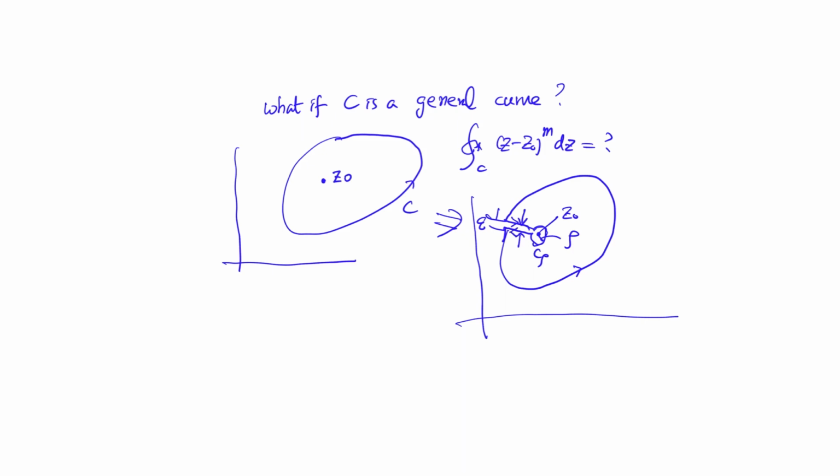This is C prime, C1, 0, C2. Let's say C double prime, C prime, C1 plus 0 plus C2.